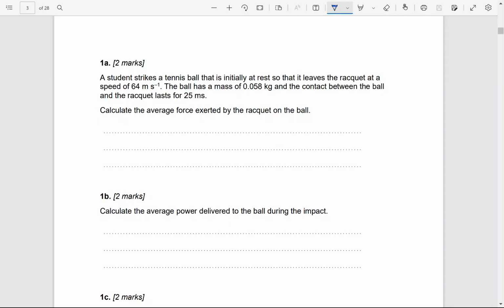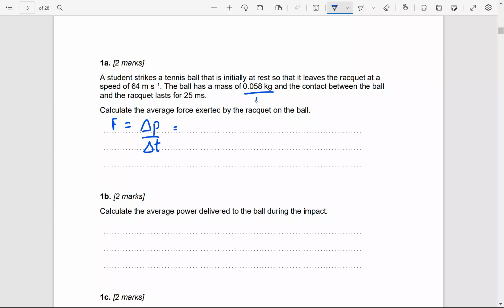Question 1A. We're asked to calculate the average force exerted by the racket on the ball. So force is the change in momentum over the change in time.